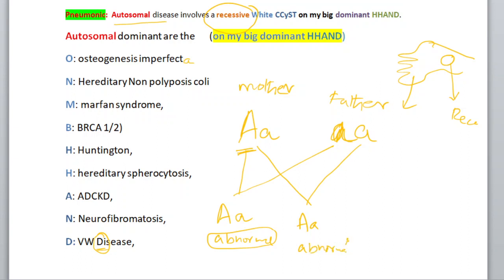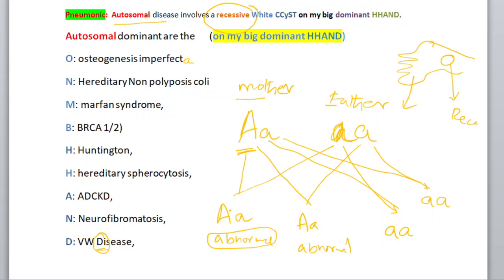Then the two normal a's combine to form aa, which is normal, and again the last two combine to form a normal child. So genotypically, if one gene is defective, one gene is enough to cause the disease, whether it comes from the mother or the father.